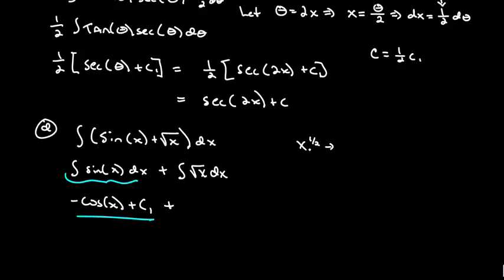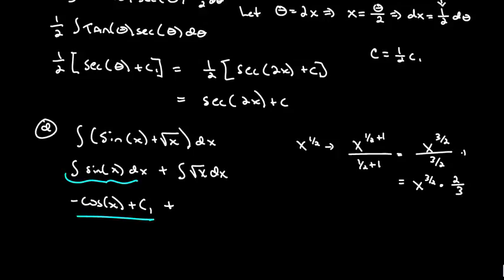So again, to go backward, we worked on those rules: we add 1 to the power, and then we divide by that guy. Of course we're going to add a constant of integration at the end. So this will be x to the 3/2 over 3/2, which is x to the 3/2 times 2/3.